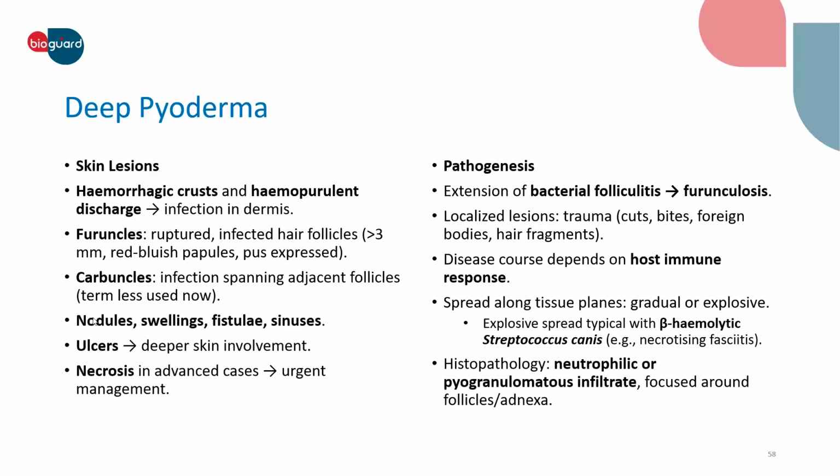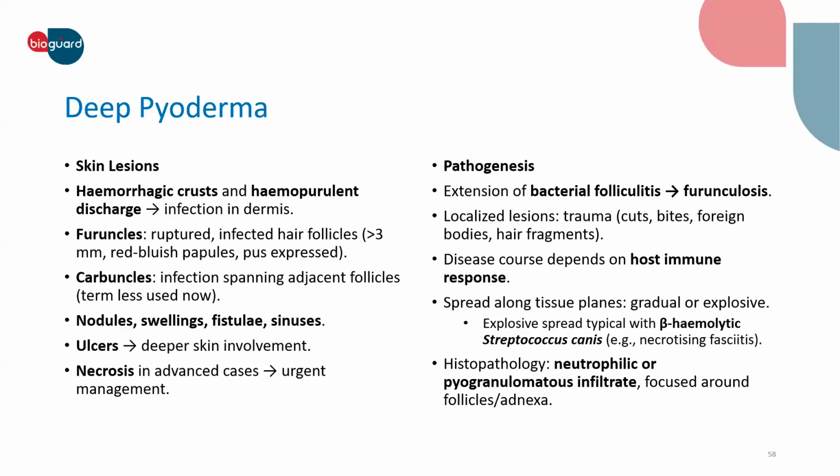And for furuncles, you may see ruptured infected hair follicles greater than 3 millimeters, red-bluish pustules, and carbuncles. It's an infection spanning adjacent follicles, and nodules, ulcers, and necrosis. That's the lesion.